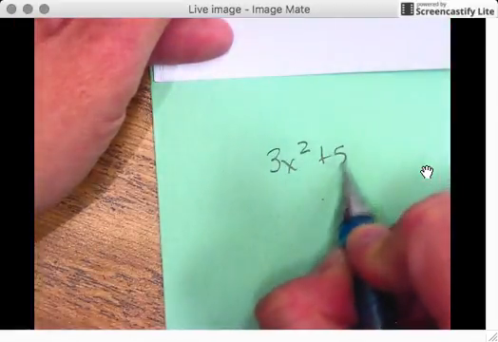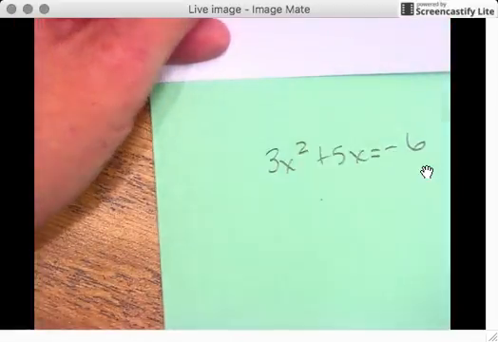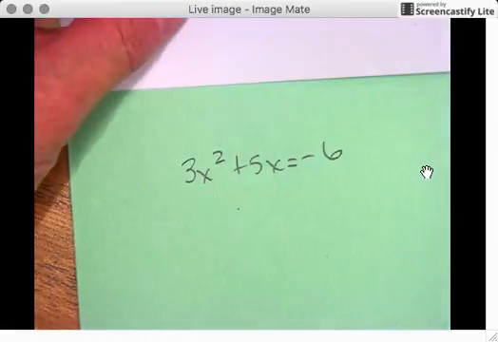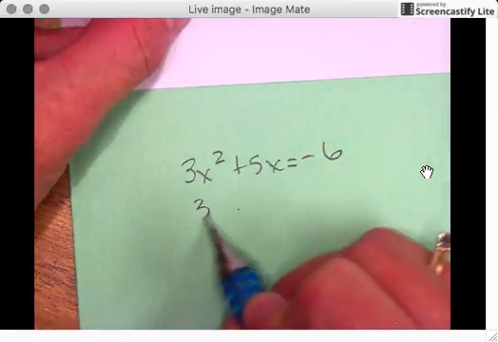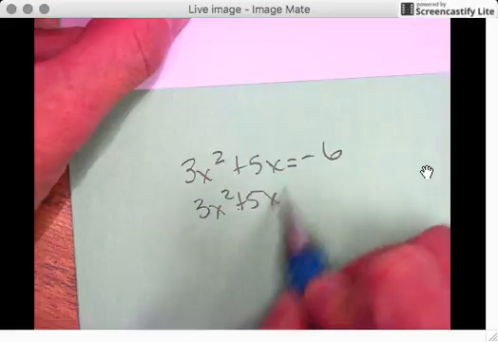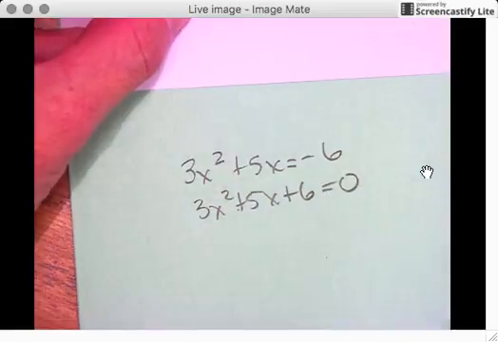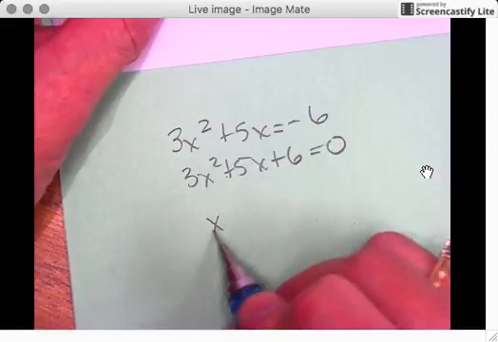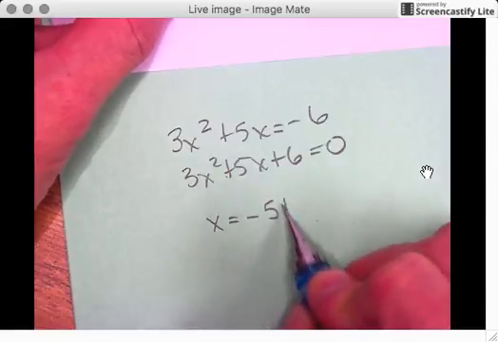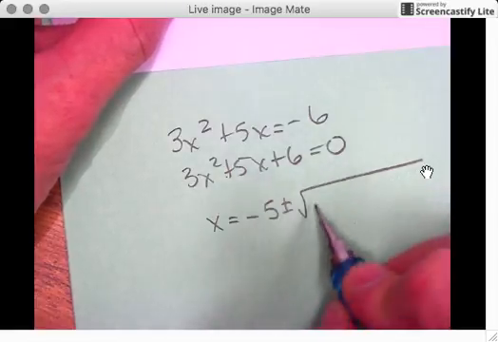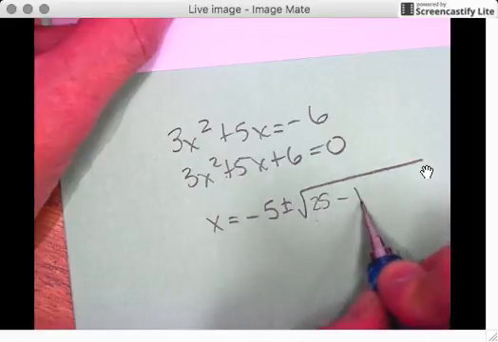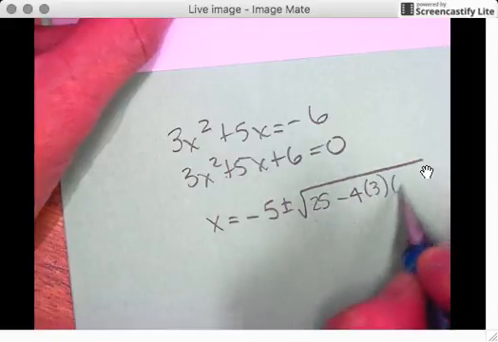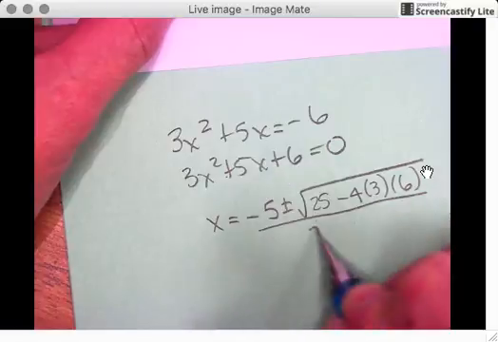3x squared plus 5x equals negative 6. Okay, really important whenever you're solving a quadratic that it equals 0. So I'm moving the 6 to the other side, and then I'm going to just fill in the formula. X equals negative b plus or minus the square root of b squared minus 4 times a times c all over 2 times a.